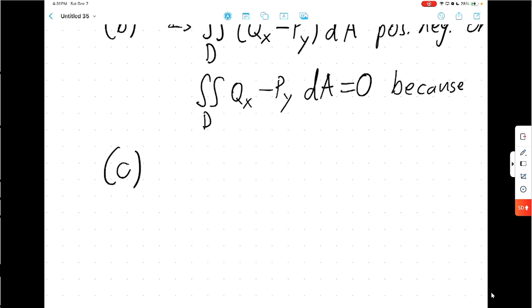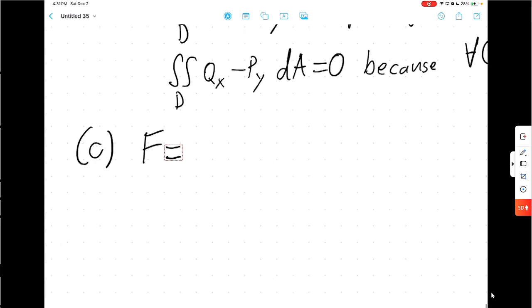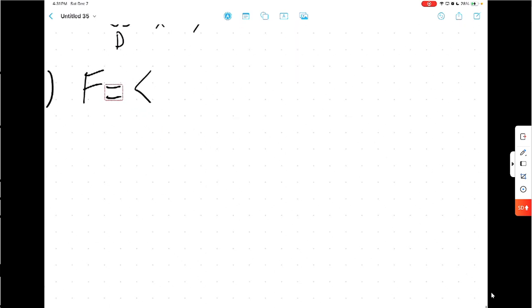So now it says to choose the function that corresponds to this vector field. It gives us a few different options.